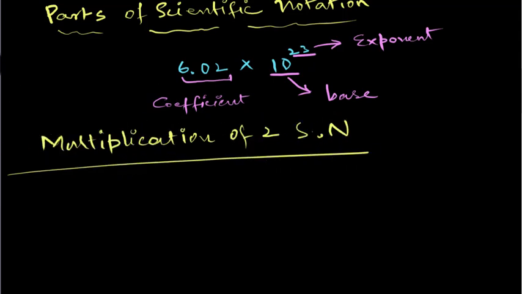Let's suppose I have 2 numbers in terms of scientific notation: 2.0 exponential 4 multiplied by 3 exponential 3.